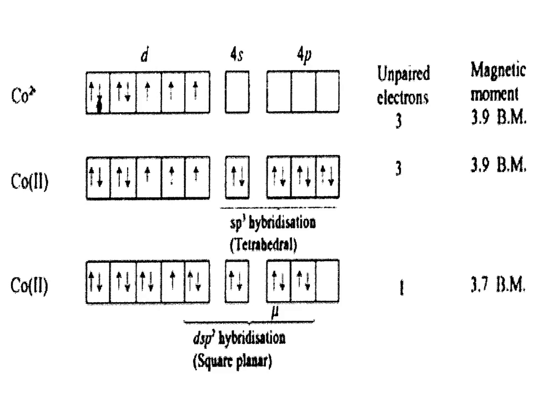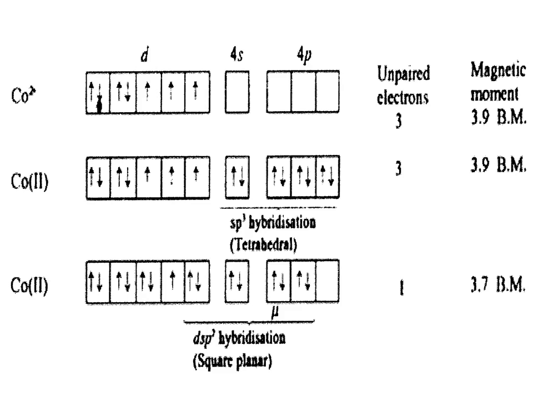Now, there are two possibilities: either one electron goes back and pairs with one of the three unpaired electrons, and in doing so there will be only one unpaired electron, or there is no pairing of electrons and the complex will exhibit a magnetic moment corresponding to 3 electrons.